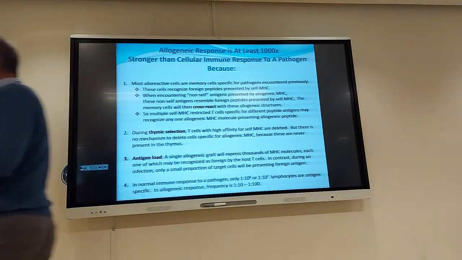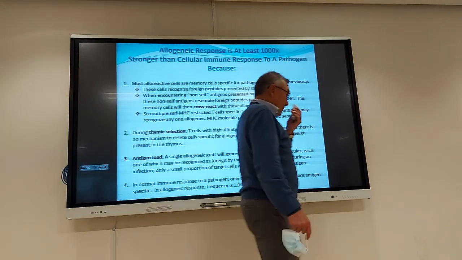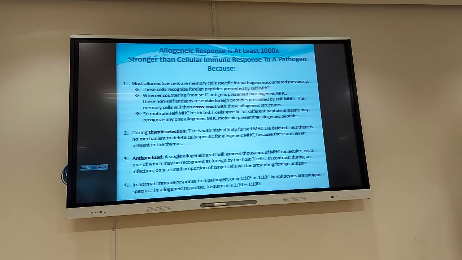Now, in terms of the immune reaction, the reactivity of an allogeneic response is 1,000 to 1,000,000 times higher in terms of cytokine production, in terms of cytotoxicity, compared to when you have a natural infection by a bacteria or a virus or so on.